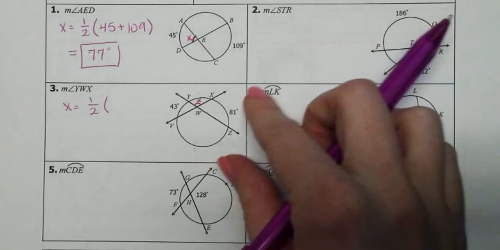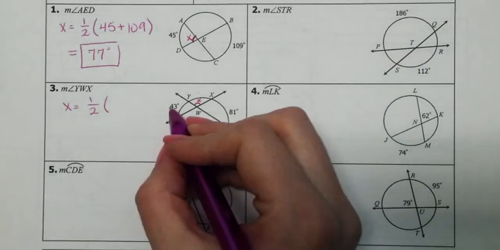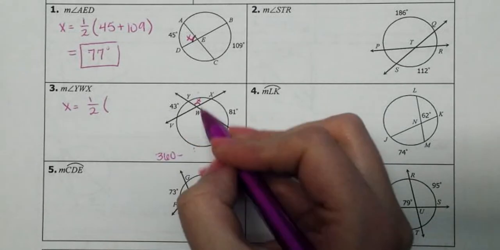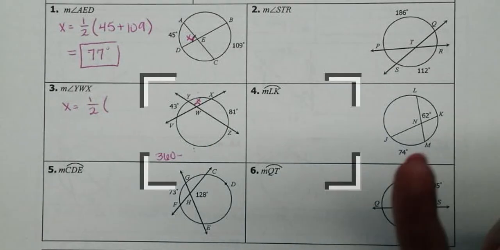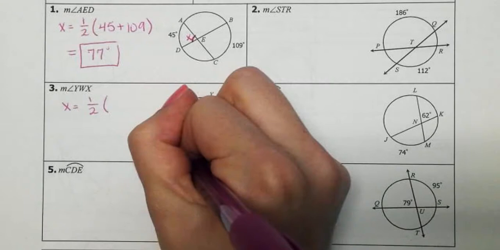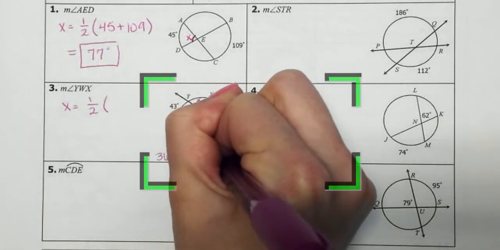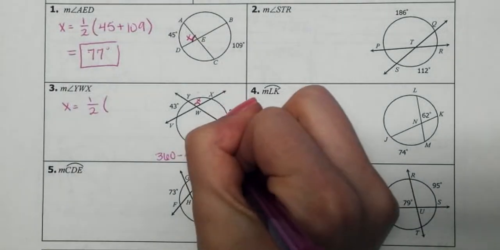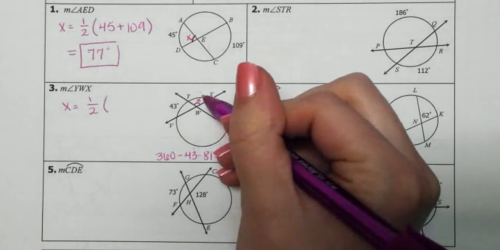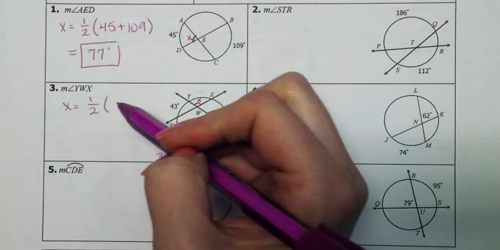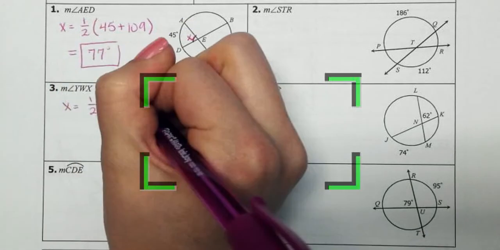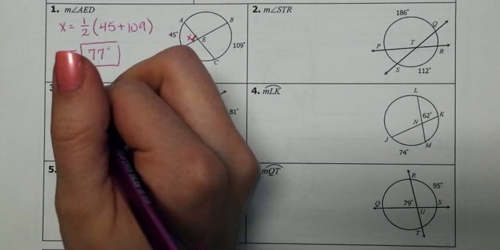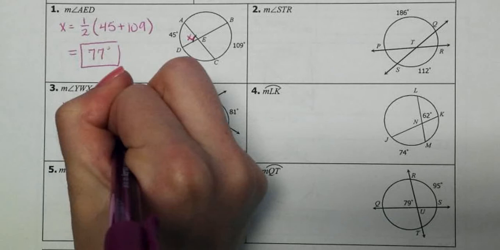So what I'm going to do is I know that if I take these two arcs away from 360, that will leave me with these two together, which I already need to add together, so it will give me the number that I need. So 360 minus 43 minus 81 is going to be 236 degrees. That's what both of these are together, and I already have to add them, so that's the number that's going to go in the parentheses. So 1/2 of 236, my angle is 118 degrees.